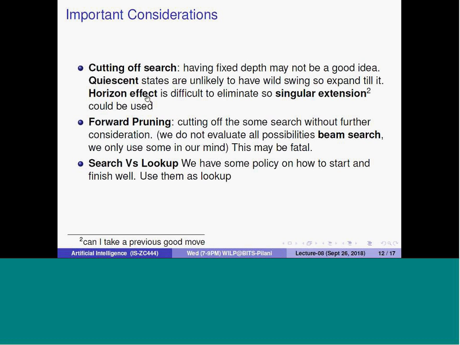He would take some more time before he is able to take this particular piece. So this is called the horizon effect, where ultimately he would be able to kill that particular piece, but in between he is diverted. Immediately he cannot take it.